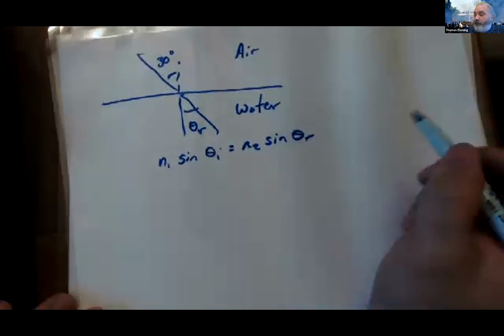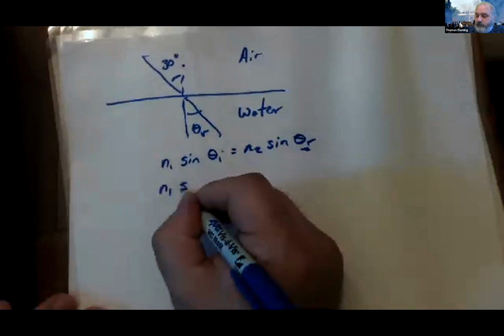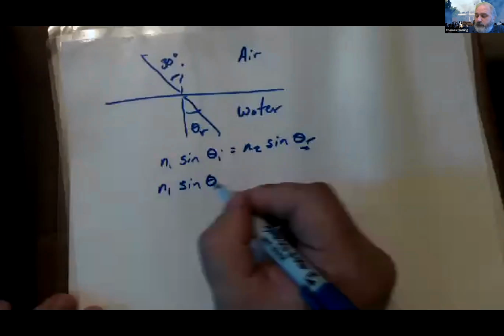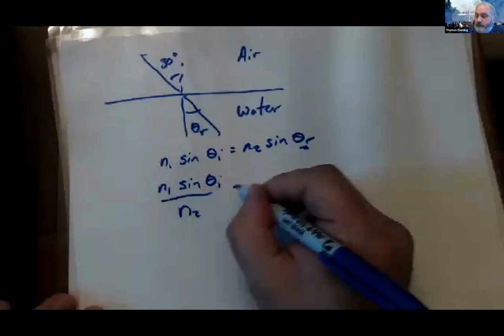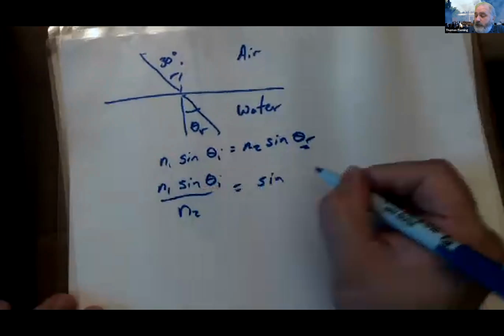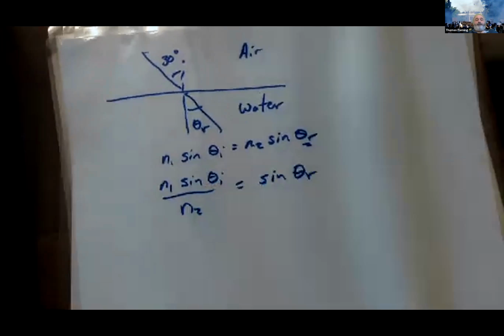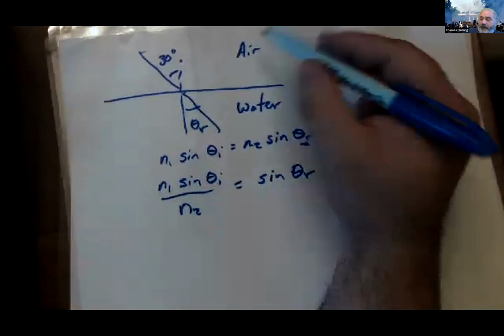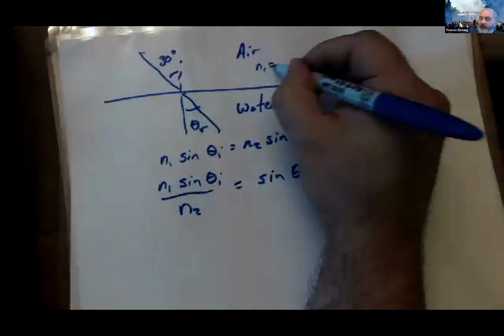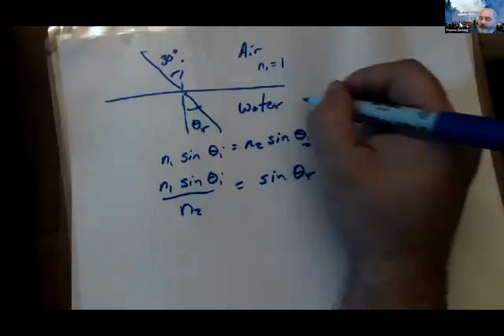I'm going to be solving for theta r, so I want to get n2 on the other side. And notice, by the way, that in this case, I'm going from air to water. So n1 is equal to 1, and n2 is equal to 1.33.